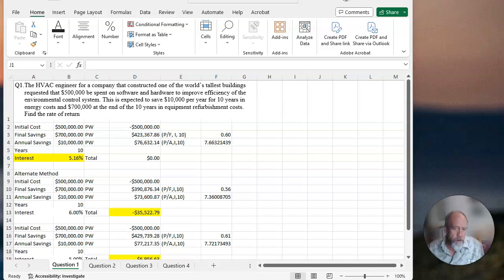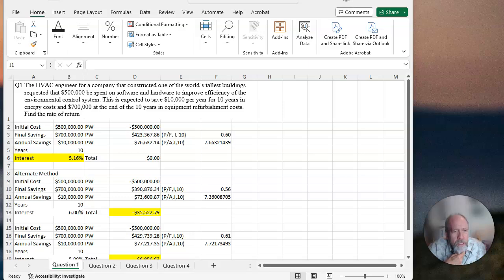So the first one, these are all kind of rate of return type problems. In the first one, we've got an HVAC engineer, and you're looking at software. $500,000 initial cost, $10,000 per year for 10 years, and $700,000 at the end in equipment refurbishment costs.